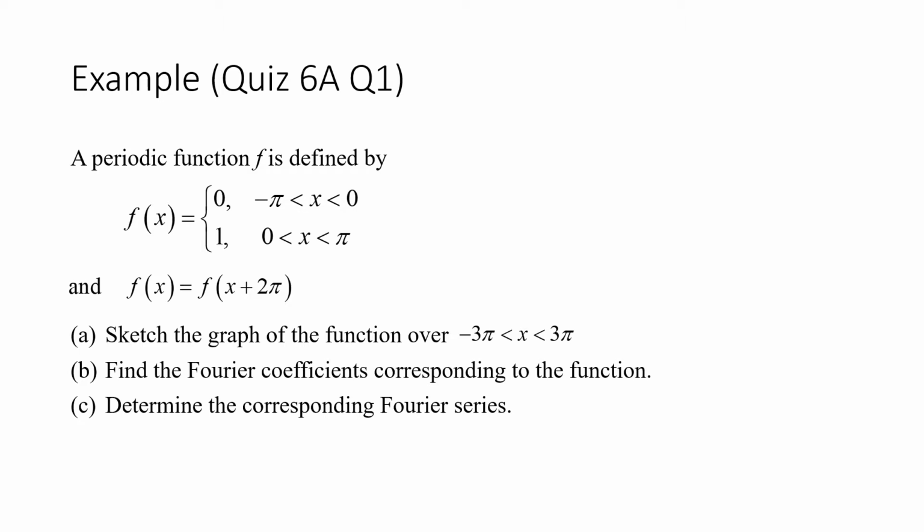So this is a function periodic with period of 2 pi. What you need to do is sketch the graph of the function over the interval negative 3 pi to 3 pi, then find the Fourier coefficients corresponding to the function, and the last one is to determine the corresponding Fourier series.